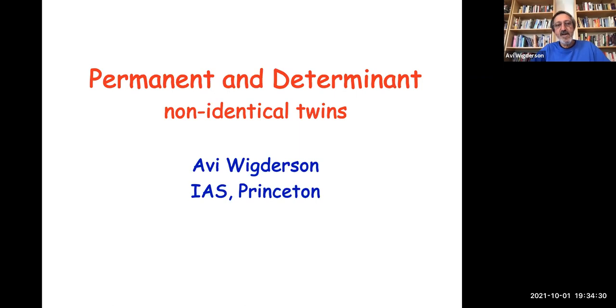This is my favorite two polynomials, everybody's favorite two polynomials, the permanent and the determinant, and I'll tell you about their incarnations, relations, connections, and appearances in lots of different places, and when they look similar and when they look different, and how they look different, and in particular some of their amazing properties that make them so central in mathematics and in computer science.